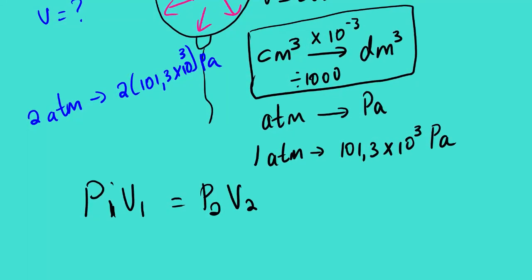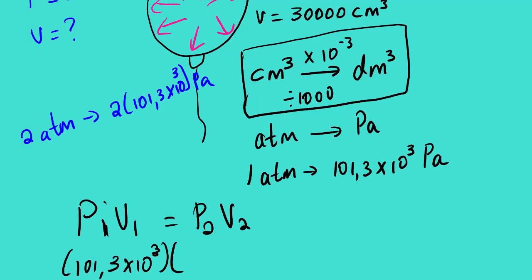Now P1 is 101.3 times 10 to the power 3, and then our V1, we need to convert 30,000 centimeter cube to decimeter cube. So we have 30,000 divided by 1000.